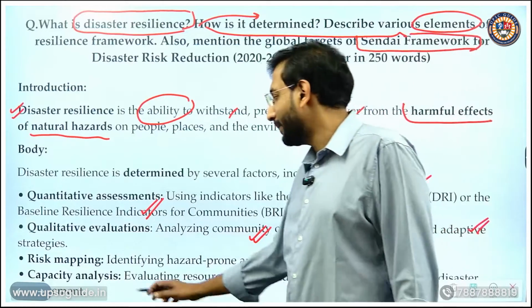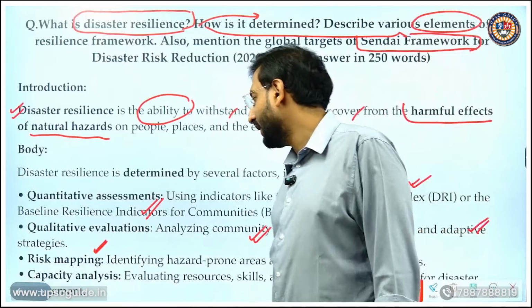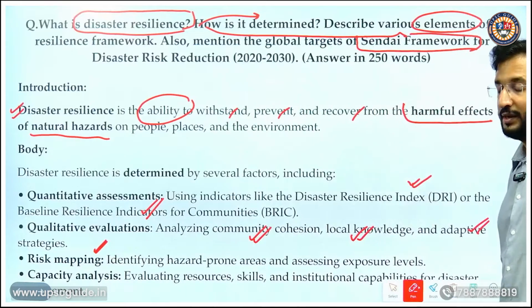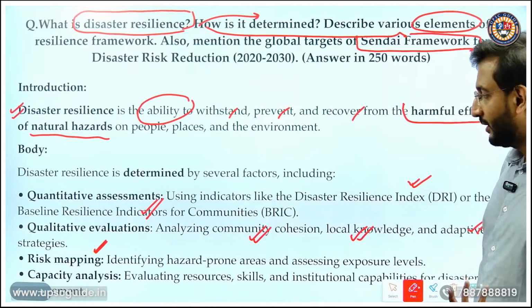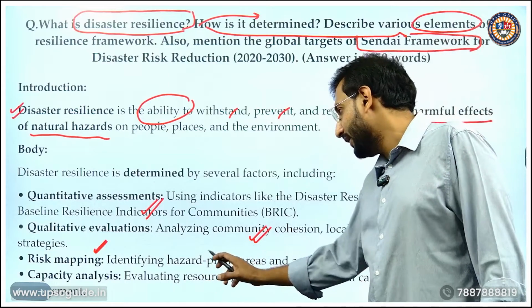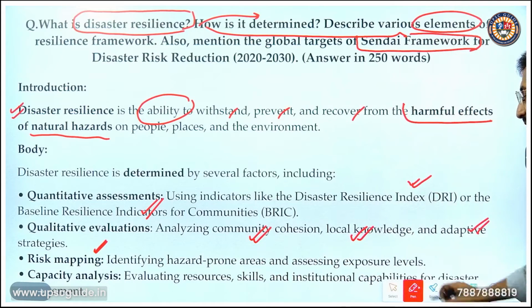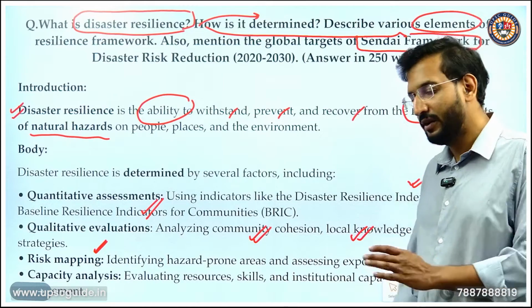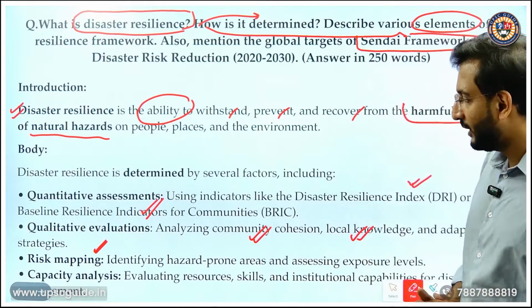Then risk mapping based on the geography as well as the intensity of the hazard can be carried out, identifying hazard prone areas and assessing their exposure level to the dangers. Okay, that is risk mapping of your geographical areas.